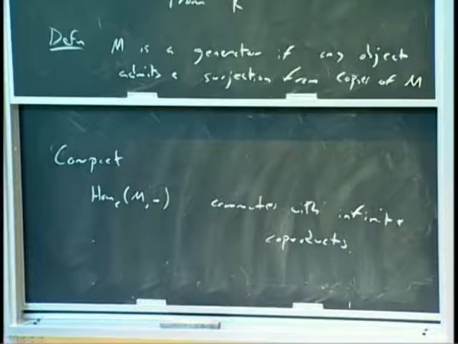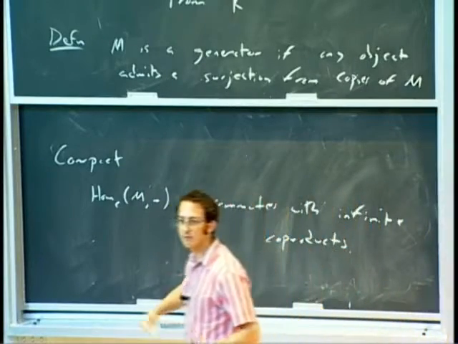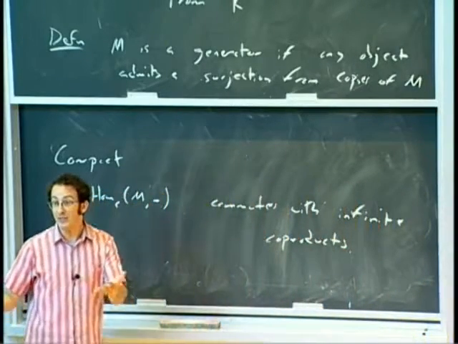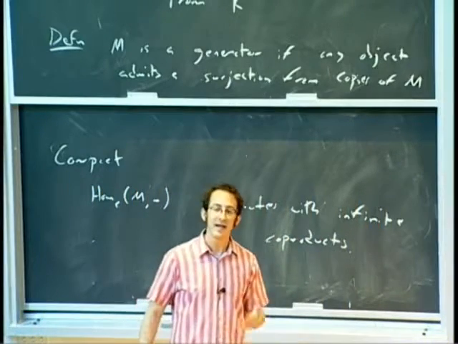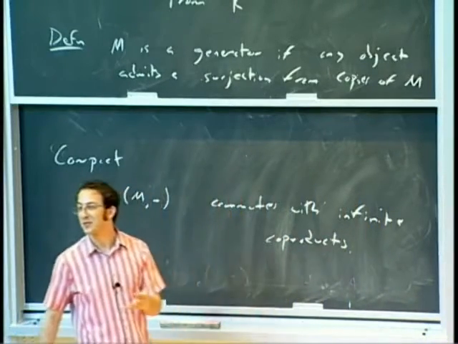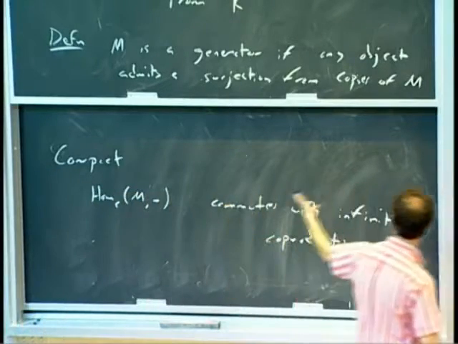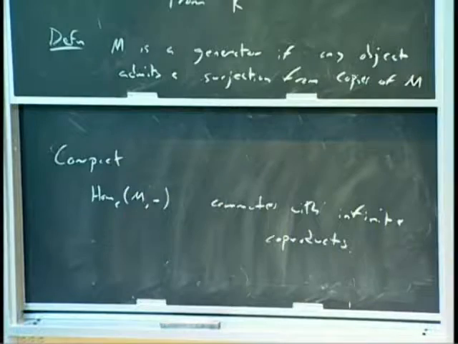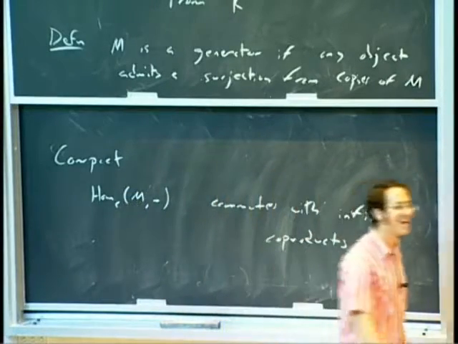What that means is that any map into an infinite coproduct lands in a finite piece of it. That's exactly the property that you perhaps know and love about compact spaces. And it's a thing you can check that this is true for R in the category of R-modules.